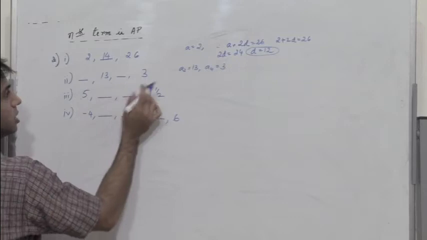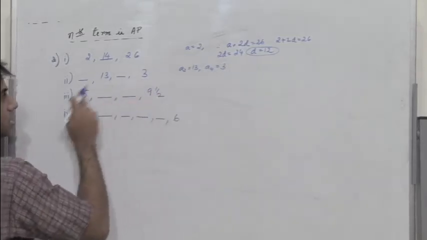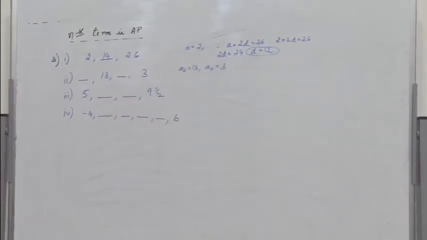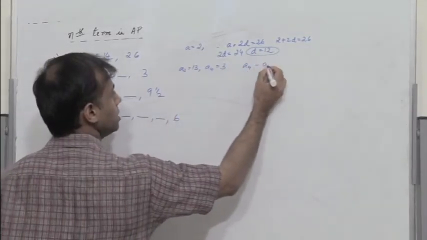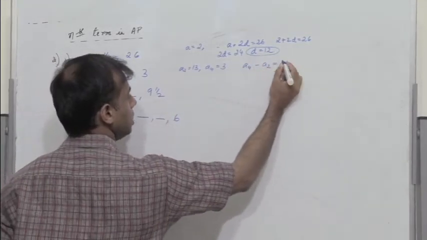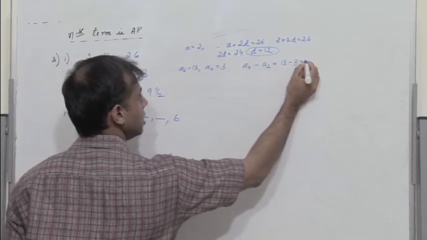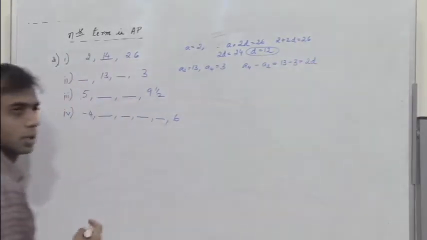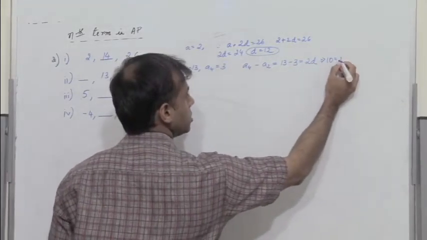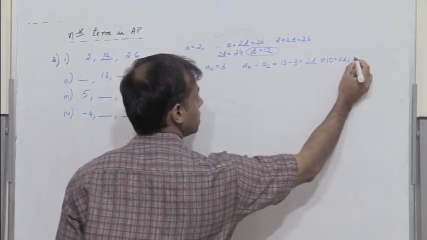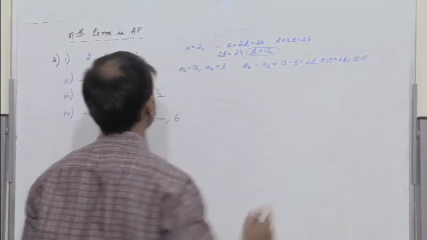So therefore the difference between the fourth term and the second term is 2D. So therefore A4 minus A2 equals 13 minus 3 is 2D. So this implies 10 equals 2D, or D equals 5.